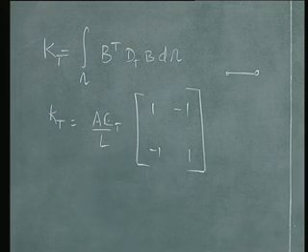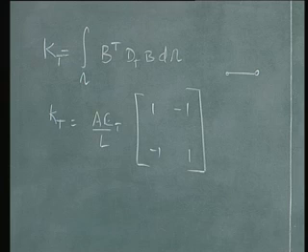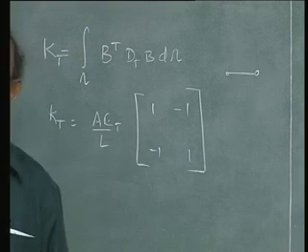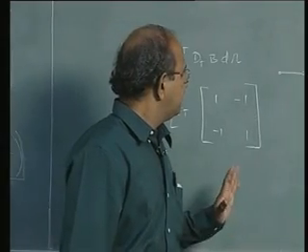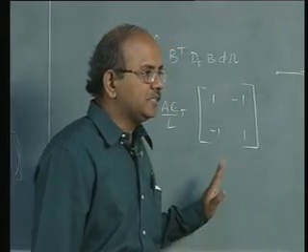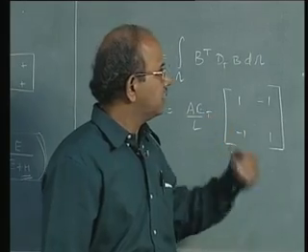So, it is A Et by L into the matrix 1 minus 1, minus 1 and 1. Is that clear?